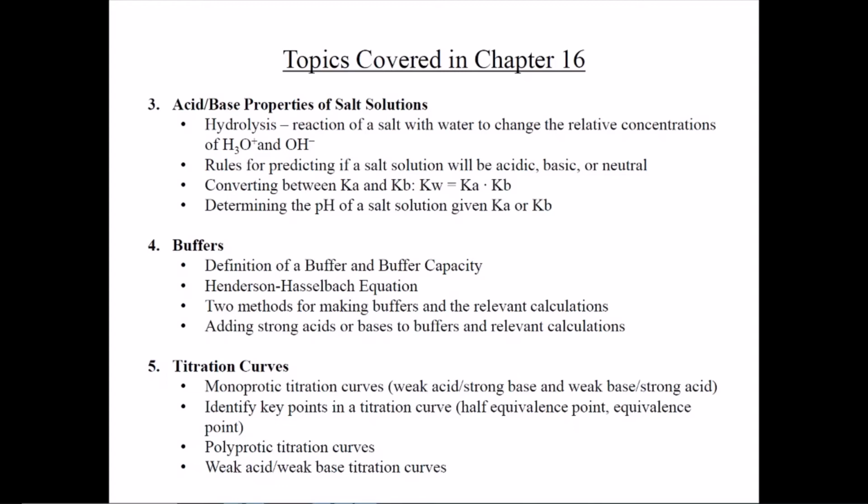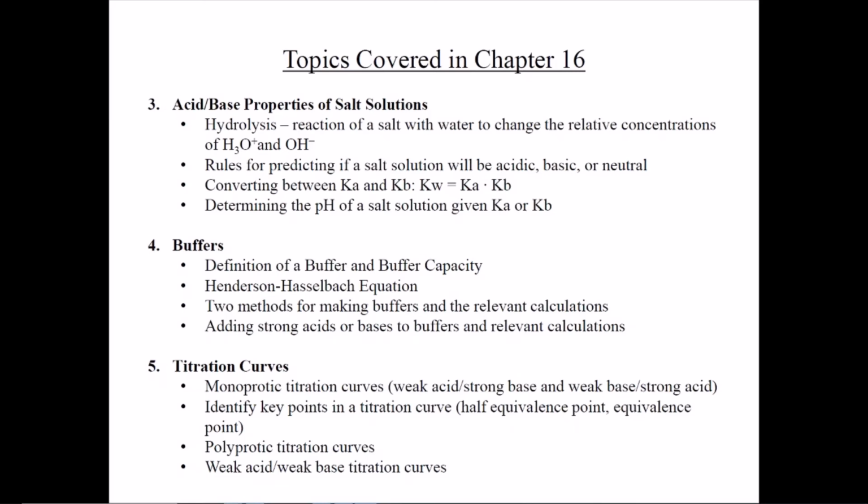And then we look at how we can use the Ka or Kb information to determine the pH of a salt solution. We also develop an equation where we can relate Ka and Kb to Kw, and that's really important for working with these salt solutions where you might not know Kb or Ka, but you can convert one to the other using Kw.